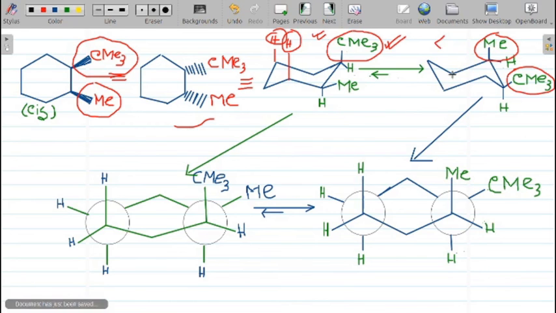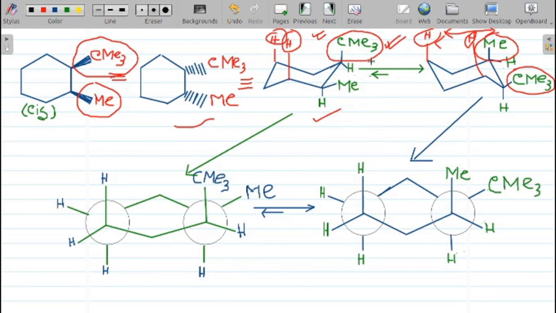There will be less clash between this methyl group and these two hydrogens, because the methyl group is much smaller than the tert butyl group. So this conformation has more steric strain.